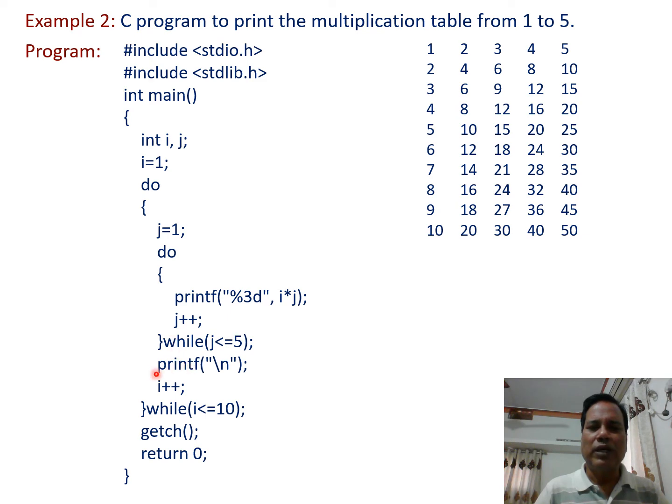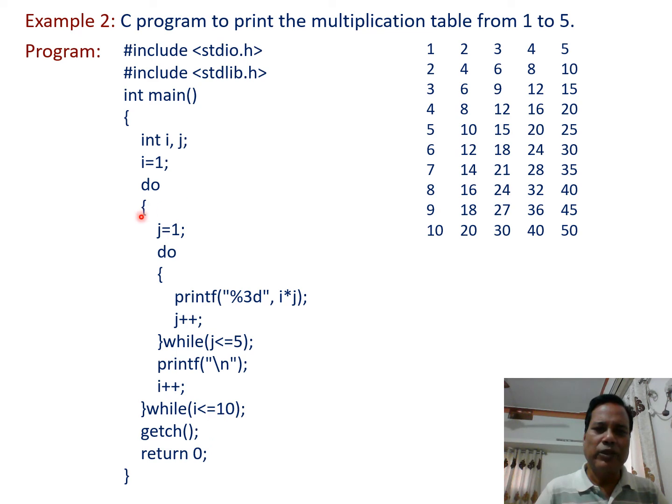So out of the inner do while loop, the printf statement brings the cursor to the beginning of the second row. Then the value of i is incremented and when it is tested, this value becomes 2. So while i less than or equal to 10, this condition is true.